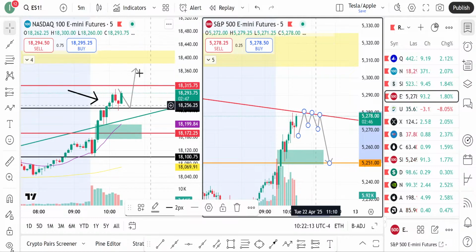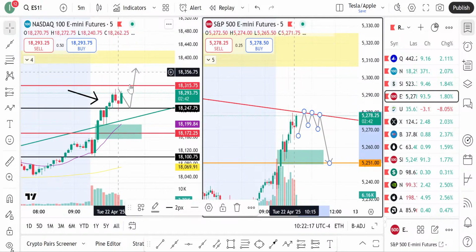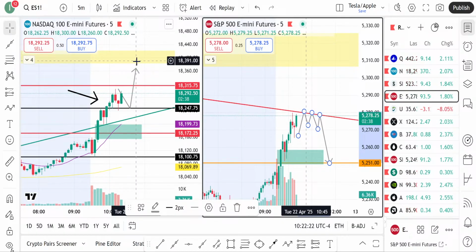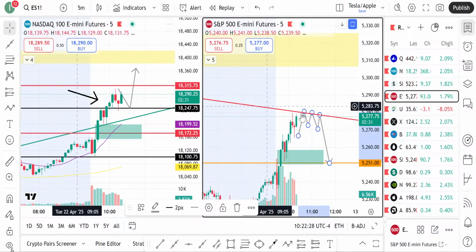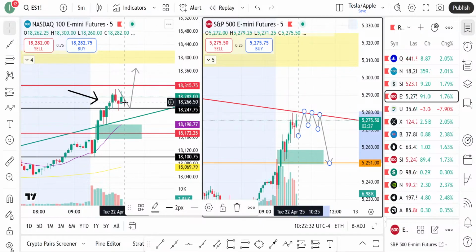You'll get tricked, thinking that just because you see buyers on the Nasdaq and price ripping, it's just gonna go higher and higher, but the whole time the S&P has weakness.